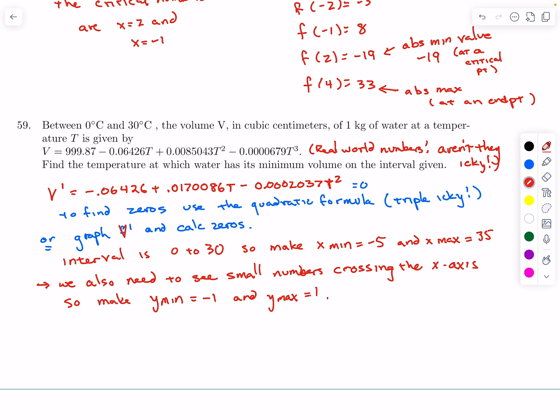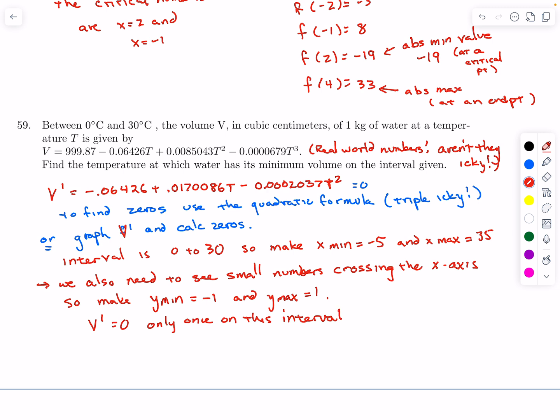Okay, fine. V prime equals 0 only once on this interval. It is a quadratic, so it'll hit 0 again, but not between 0 and 30 degrees Celsius.